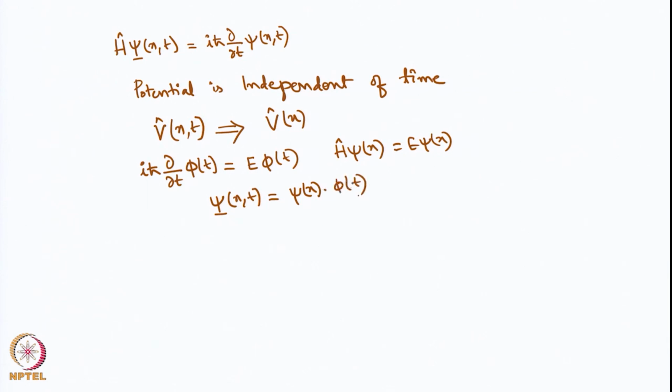And we also showed that psi of x comma t is equal to psi of x into e to the power of minus i E t by h bar, and this we called the phase factor.